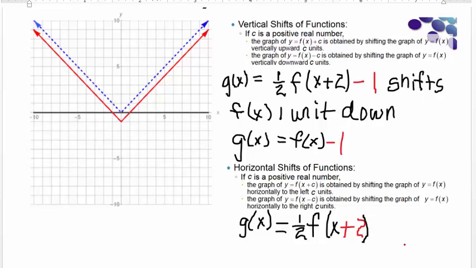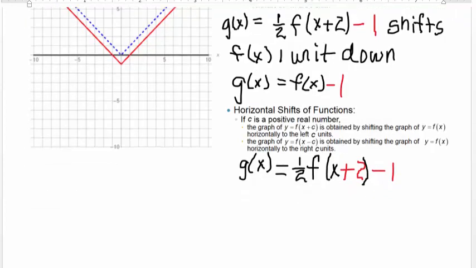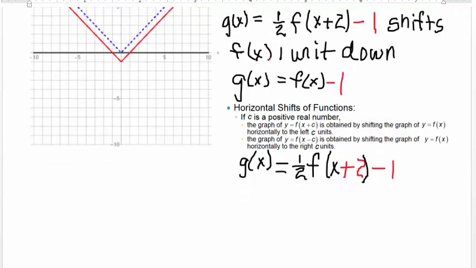We've already talked about the minus 1. So the changing the input from x to x plus 2, according to this information, is a horizontal shift.